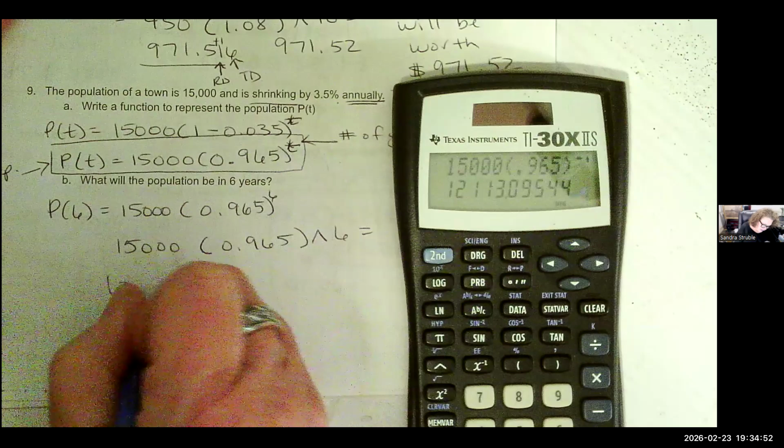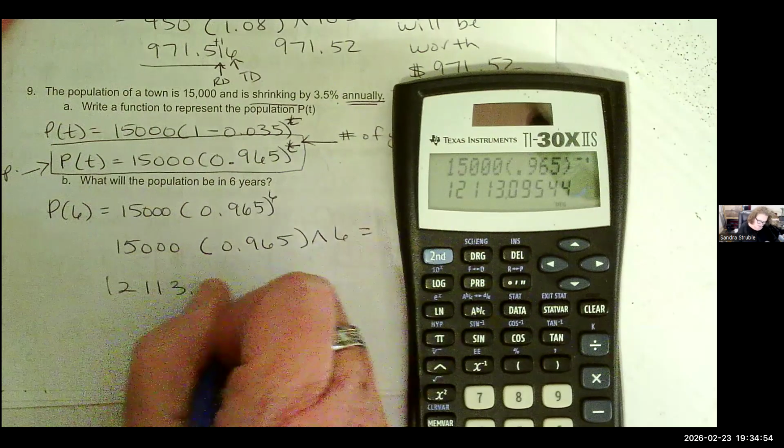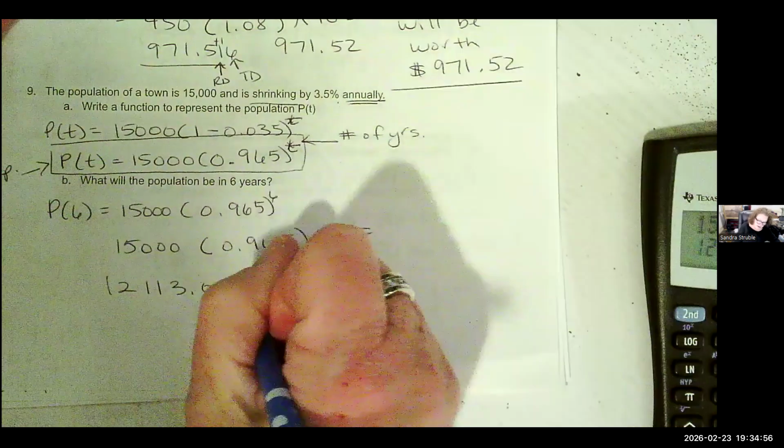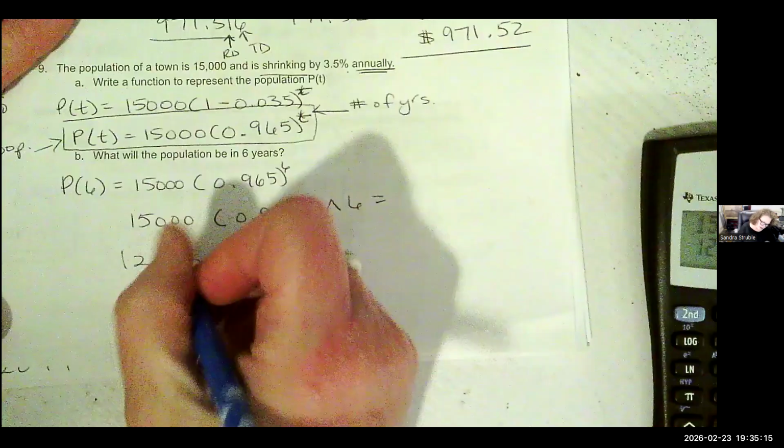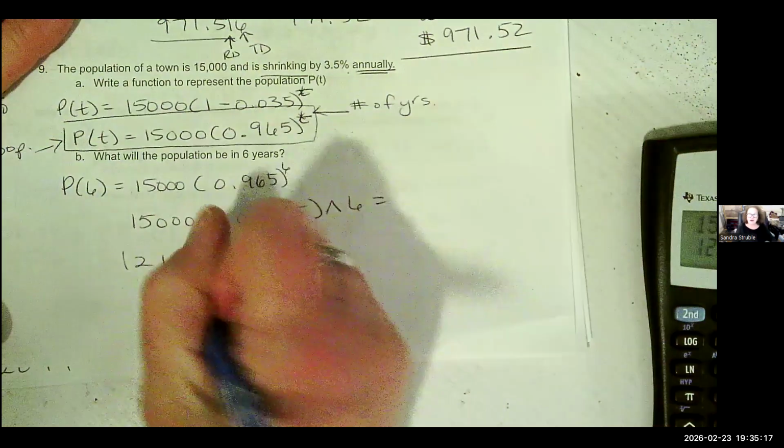$12,113.095. Now, this is population. Okay. I planned it in case it was money because I forgot what we were doing. All right. It's population. This is our final answer. It's not money, so we're supposed to round to the tenths place, right? However, we're talking about people. So if we're talking about people, this is our rounding digit, and there's no rounding that ever happens with people.